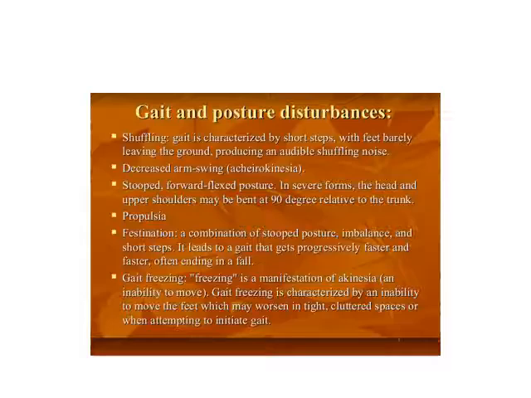Festination is a combination of stoop posture, which is leaning forward, imbalance, the patient cannot maintain his balance, and short steps, which leads to a characteristic gait that gets progressively faster and faster and often ending in a fall.